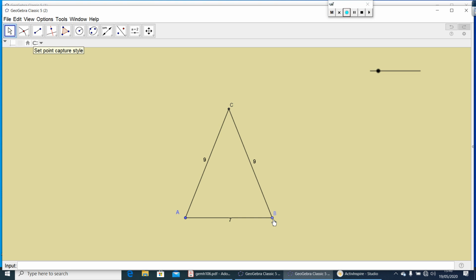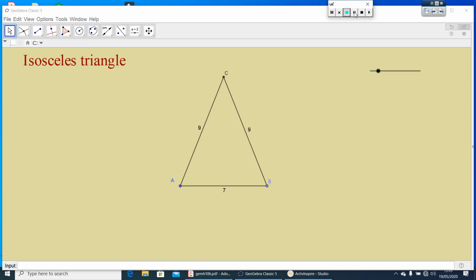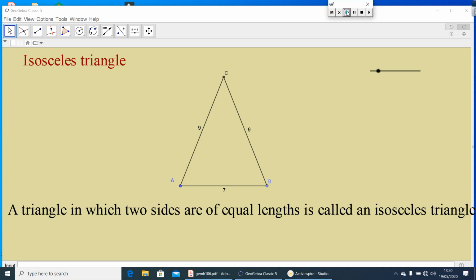Such triangles are called isosceles triangles. So we can define an isosceles triangle as a triangle in which two sides are of equal length. Now let me measure the angles.